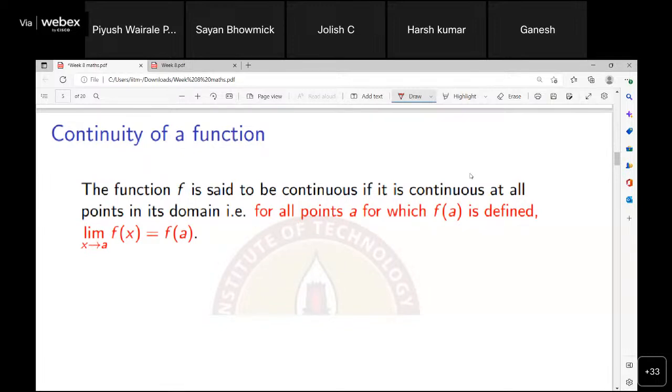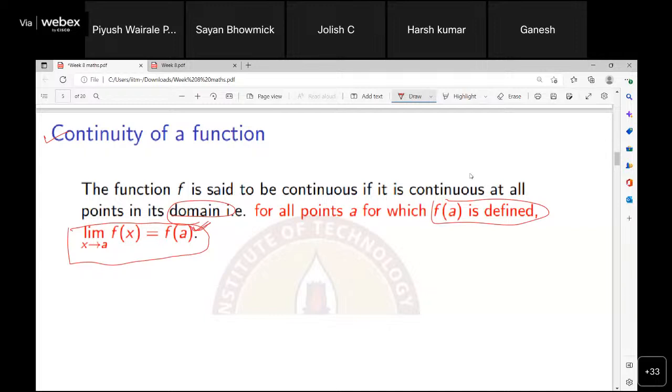Now, what is continuity of a function? The function f is said to be continuous if it is continuous at all the points in its domain. That is, for all points A for which f of A is defined, limit x tends to A of f of x equals f of A. This condition must be satisfied.